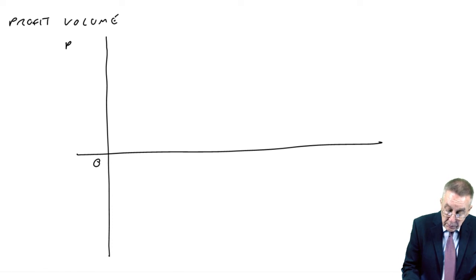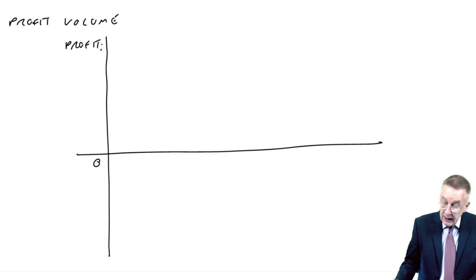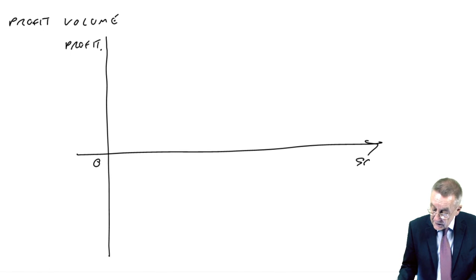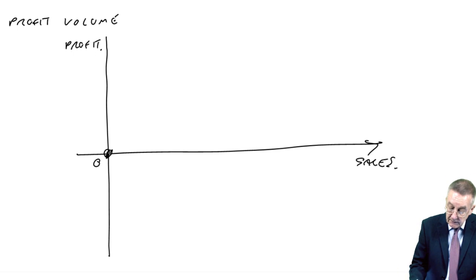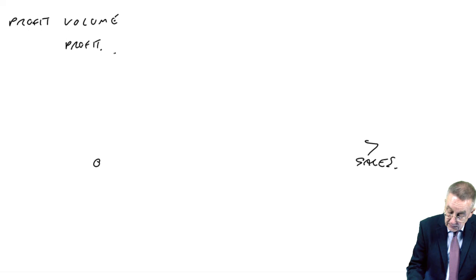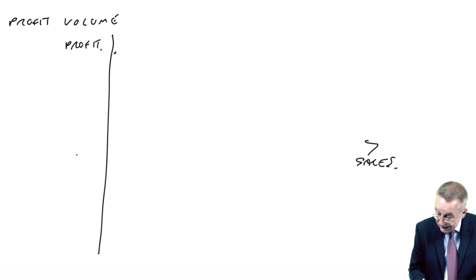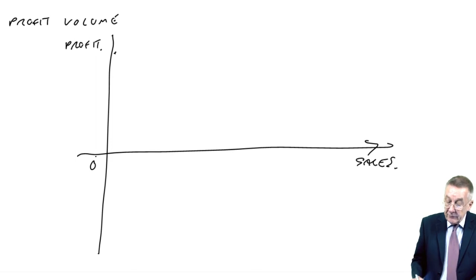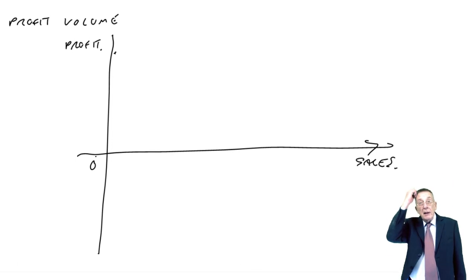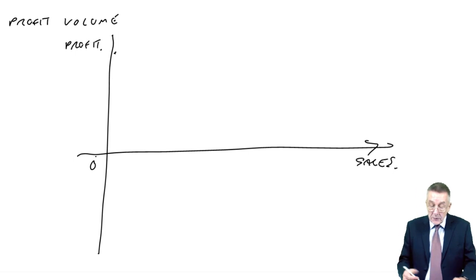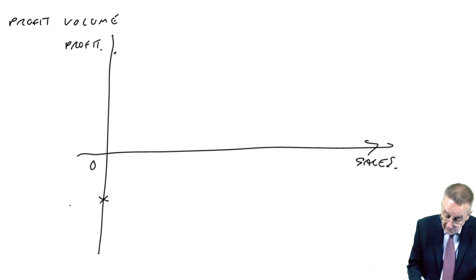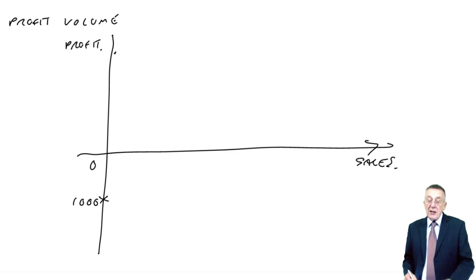But we show the profit as against the sales. Well, of course, if we sell no units, what will the profit be? Well, of course, you have no revenue, you have no variable costs, but you have got your fixed costs of 1,000. And so you'll make a loss of 1,000.